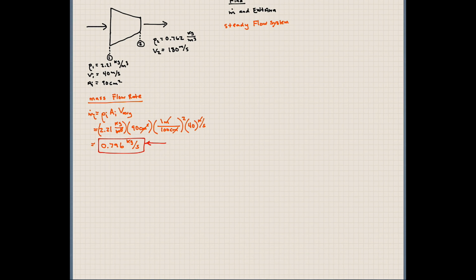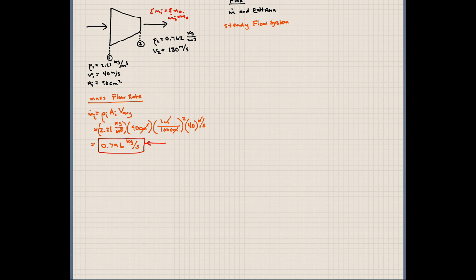We can say that the sum of the mass flow rates in equals the sum of the mass flow rates out. And in this case, since we only have one inlet and one exit, mass flow rate coming in equals mass flow rate coming out. Okay? So that's an assumption that we're going to be making for this problem, and it's a valid assumption for a nozzle type problem.